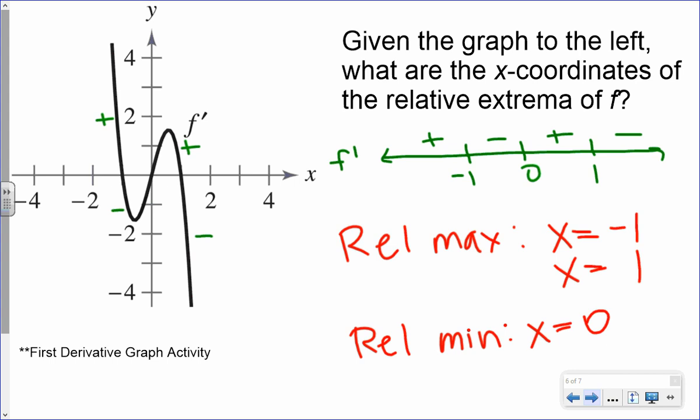Now, do I know the coordinate of these minimums and maximums on the example on the board? No, because we have the derivative graph. If we have the function, yes, we can find the y coordinate. If we have the derivative and the derivative only, we only know the x coordinate. So what I'd like you to do at your table is to do number 1, which is the function graph, and then number 3, the derivative graph. But together.